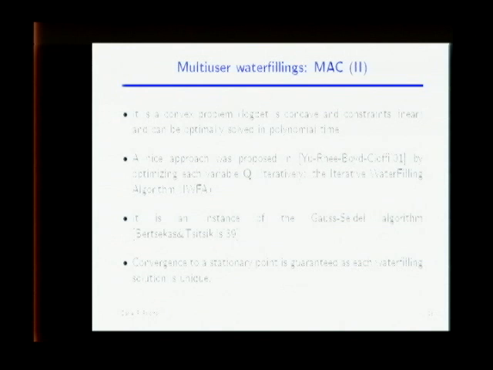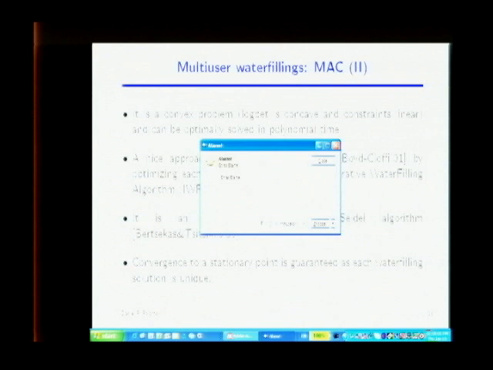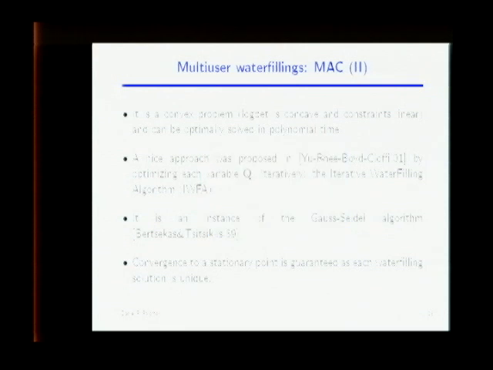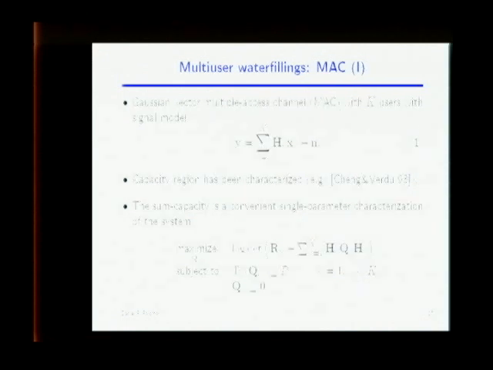So you optimize with respect to one user, then with respect to the second, third, fourth. But if you do that, is this going to converge? If we optimize each time with respect to only one user, do you think that will converge to the global maximum of this problem?